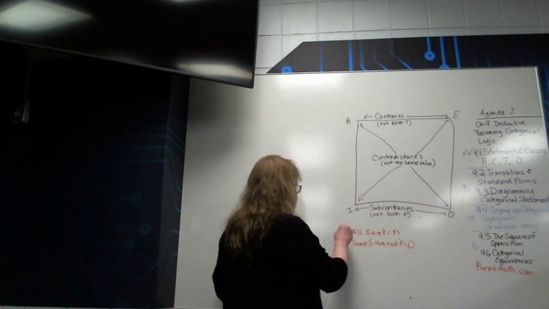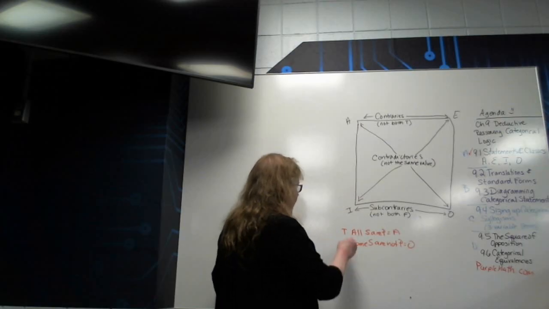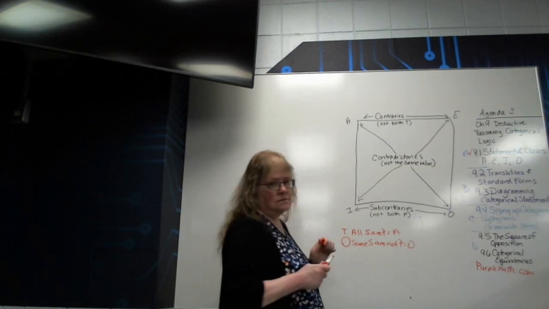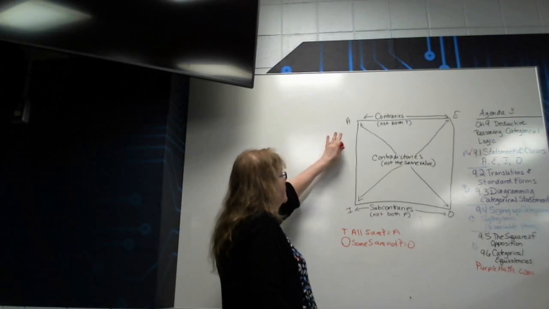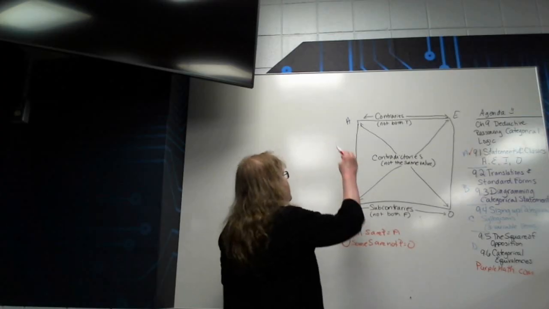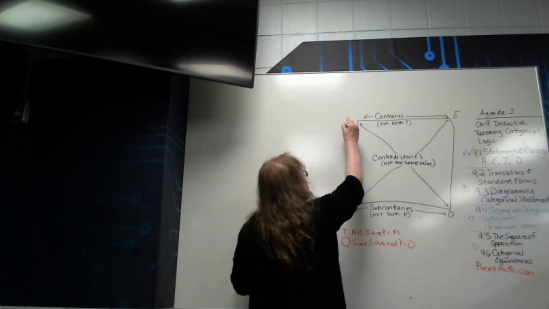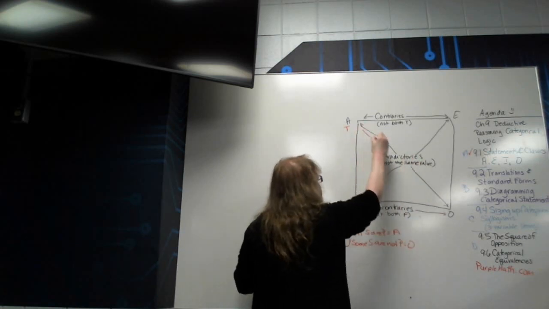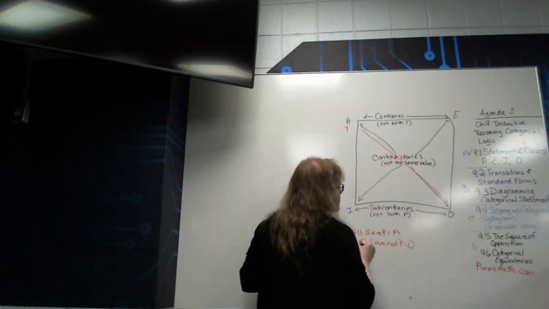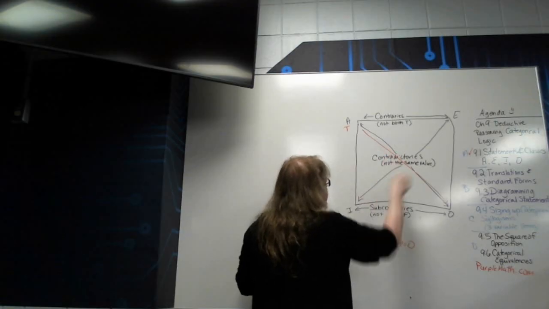Now, I know that this first one is true. I have to figure out that one. And I can do that here with the square of opposition. And I'm going to start here. So I'm going to start with my true. And then O is over here. So it's all the way over here. Now we know contradictories.